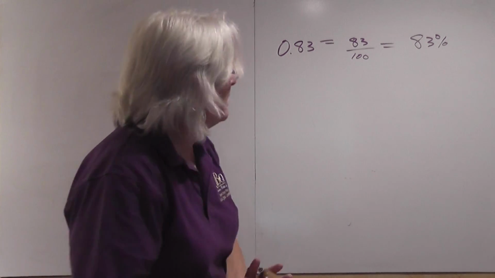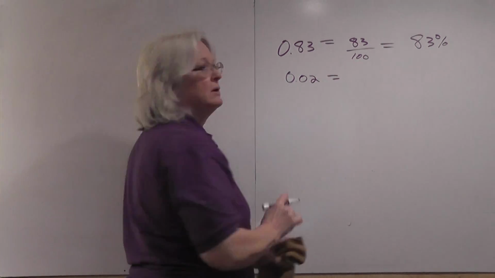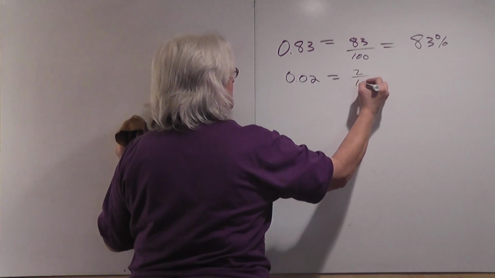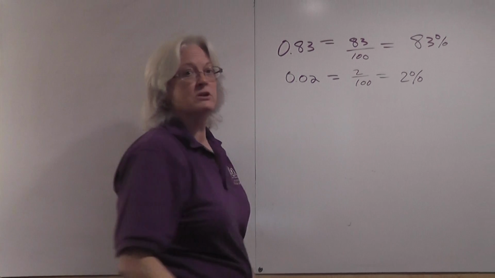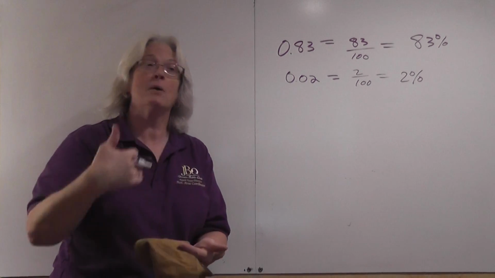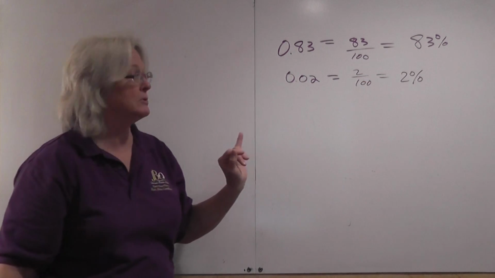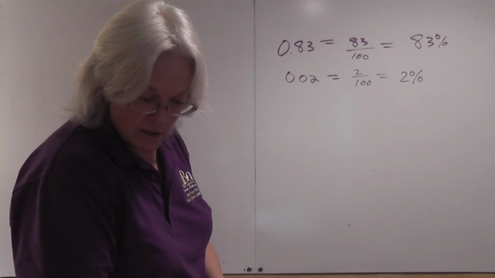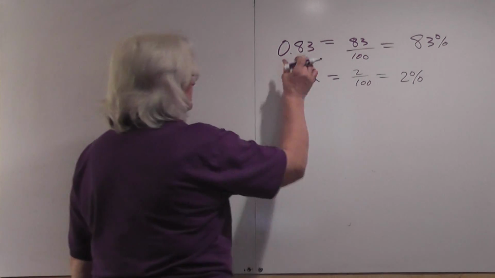Same thing if we have 0.02. How many hundredths is this? This is 2 over 100. So we have 2%. What do we need to do? The opposite of what we did when we were converting percentages to decimals. Your book tells us to move the decimal point 2 places to the right.